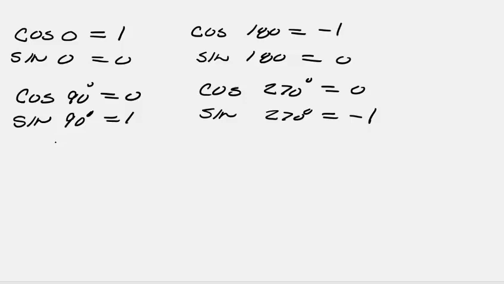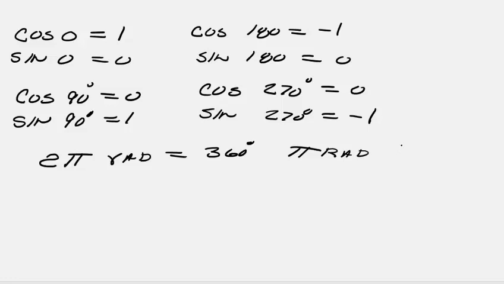Just one more thing I want you to know too, is to make sure you know that 2 pi radians is always equal to 360 degrees, which means that, dividing both sides by 2, pi radians is equal to 180 degrees.